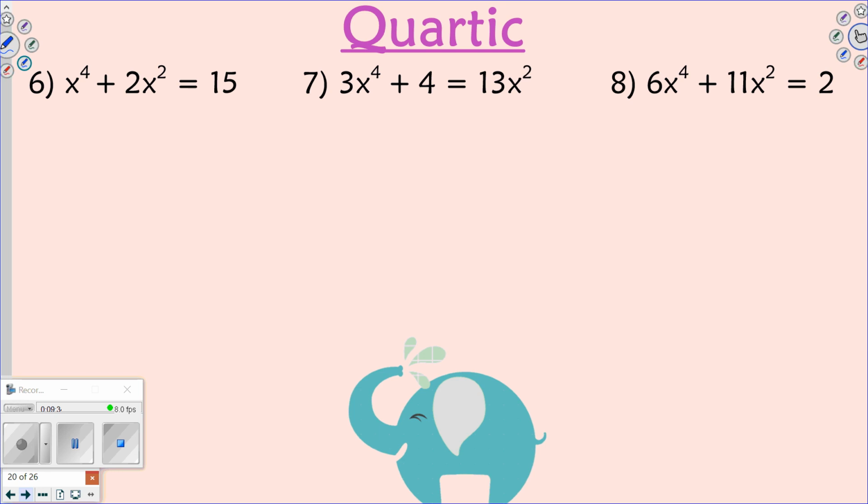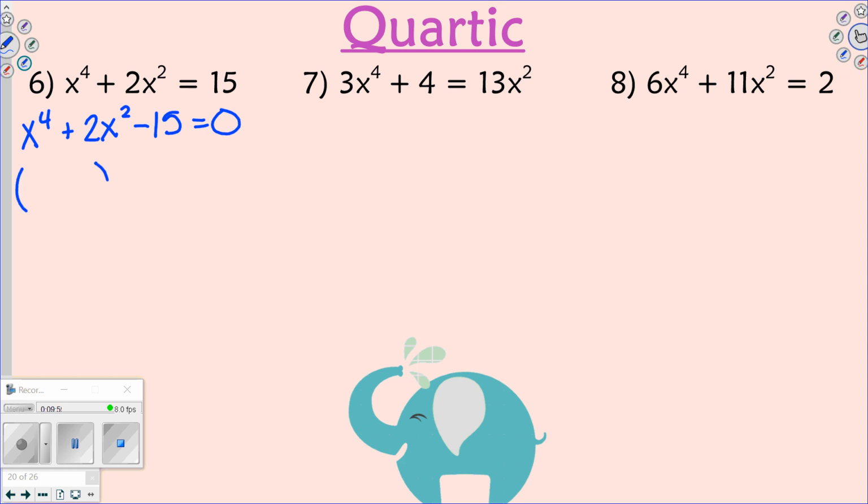Good. Set it equal to 0. So x to the 4th plus 2x squared minus 15 equals 0. Is there a GCF? No, nothing goes into all of them. Okay, so it's quartic, right? Because it's x to the 4th. How do I treat quartics? Like quadratics. I still do them like guess and checks.